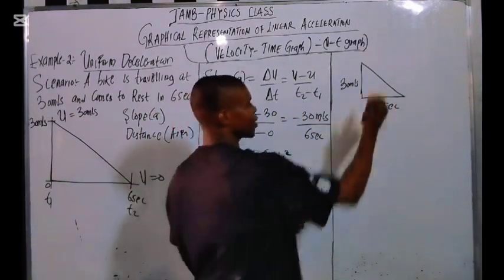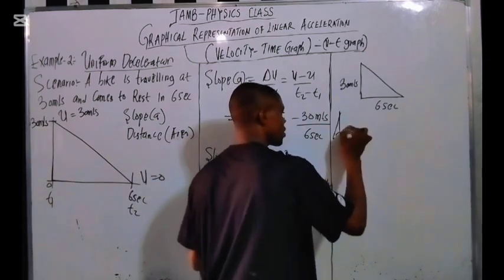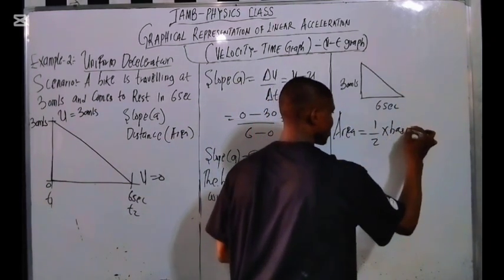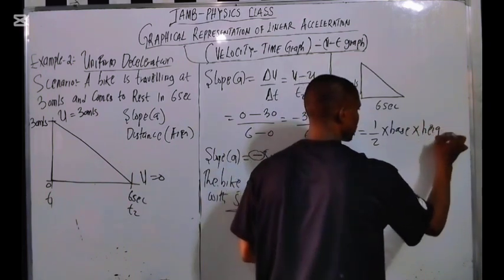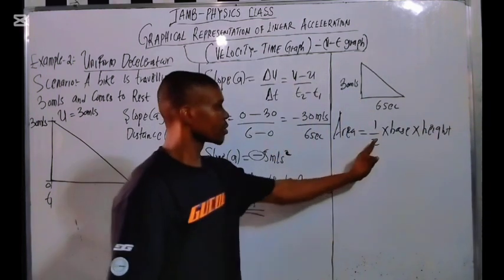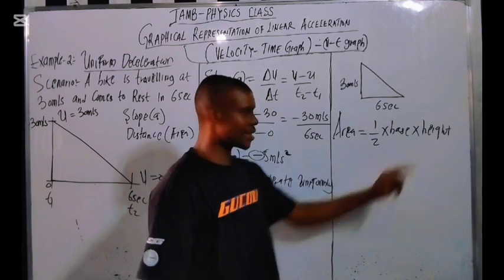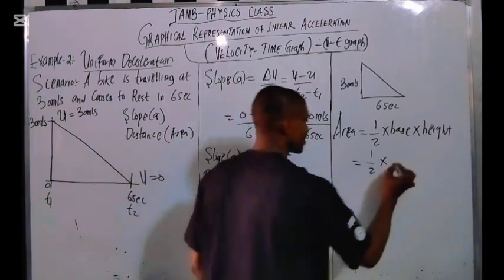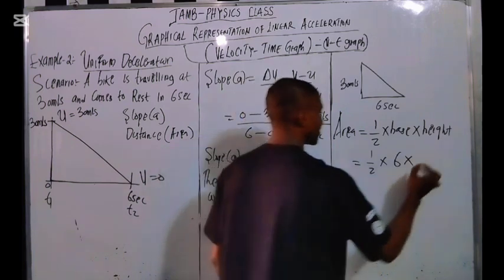The area of a triangle is half times base times height. So we have half times my base, which is 6, times my height, which is 30.